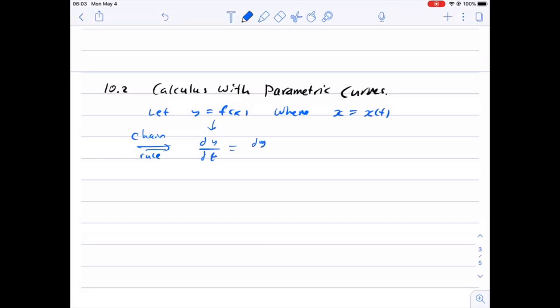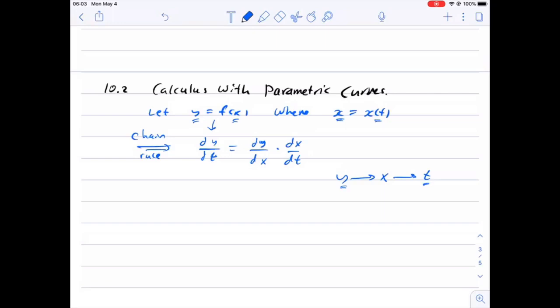equals dy over dx, because y is a function of x, but then x is a function of t, so we multiply by dx over dt, because y is written in terms of x and x is written in terms of t.